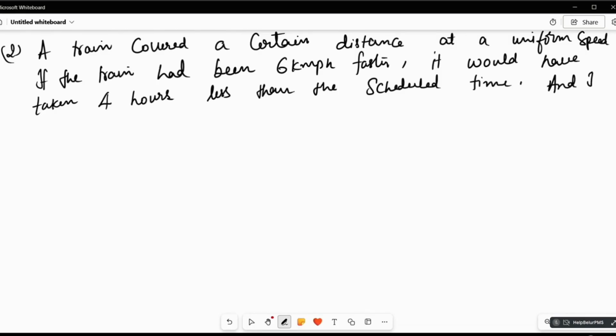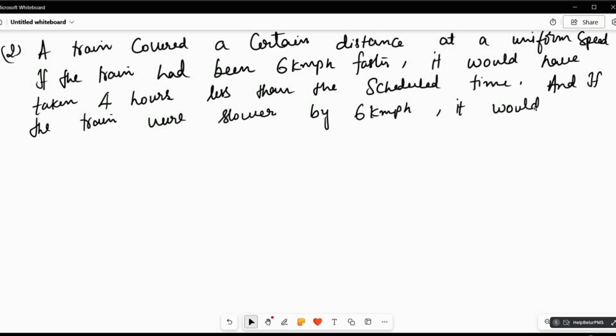And if the train were slower by 6 kilometers per hour, it would have taken 6 hours more than the scheduled time.